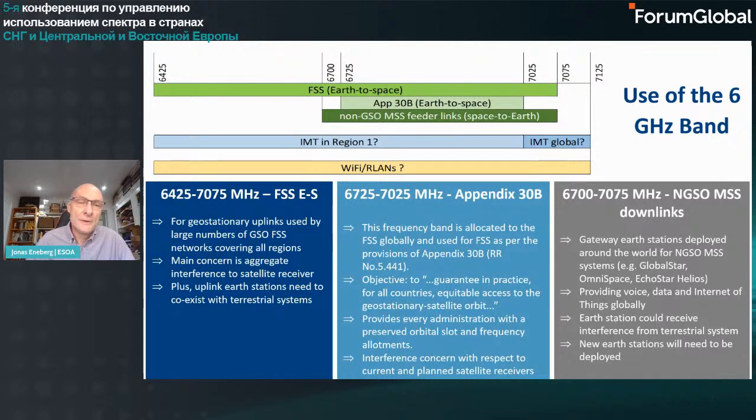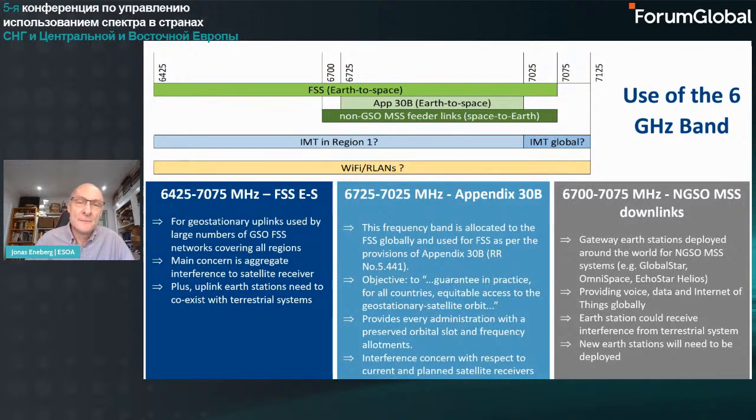So the lower part of the band, as you can see, 6425 to 6725, is primarily used for unplanned FSS, and this is the portion of the band where we have the most number of satellites. I think there are more than 100 satellites operating in that band today. And then we have the planned band, the Appendix 30B band, which starts at 6725 and goes up to 7025 megahertz.